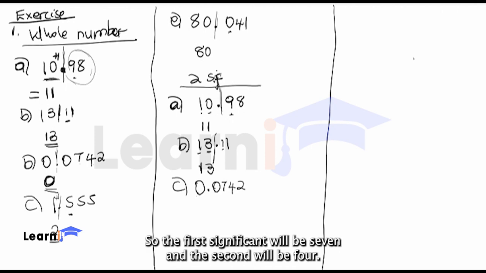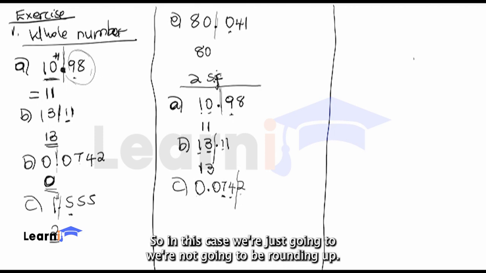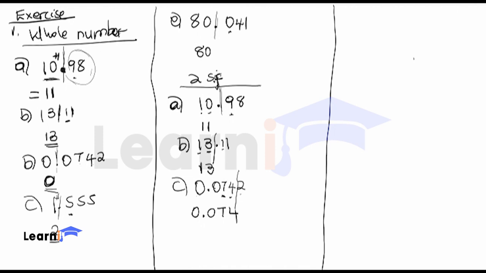So the first significant figure will be 7 and the second will be 4. So this is where we draw our line. Now we look at 2. 2 is less than 5, so in this case, we're not going to be rounding up. Instead, we're going to be rounding down. So this will give us 0.074 as our answer.